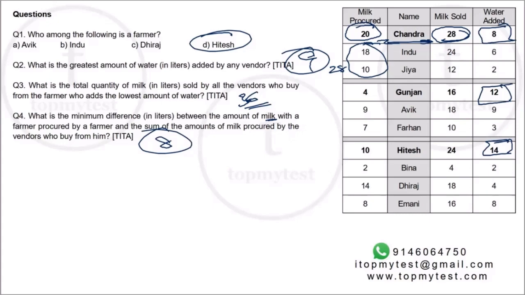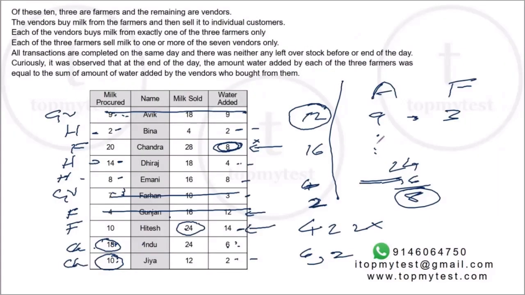Right? It's a wonderful question. I mean, it's brilliantly made. The biggest complexity is you have to match one column with the sum of other columns. Usually, in most cases, you have the columns to be added and subtracted, but here you have to match one column with another column, figure out who is a farmer, who is a vendor. Very nicely made question. In an exam situation, it's very difficult.